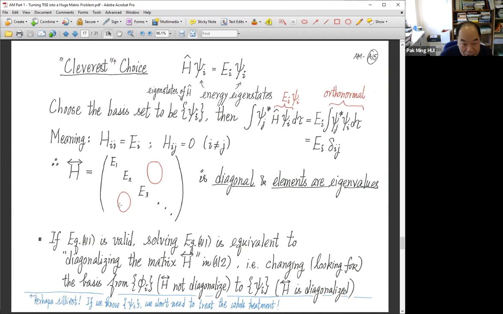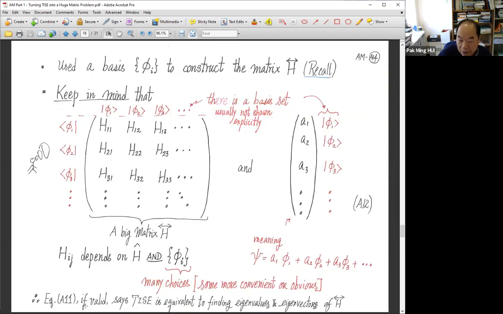But I would also say that it's the easiest choice, because if you know that, you don't even need to start writing it as a matrix. You already solved the problem exactly. Why bother, right? Okay, but that is exactly what people meant by, at the end, solving a Schrodinger problem is to diagonalize a big matrix. Okay, so you can start from here.